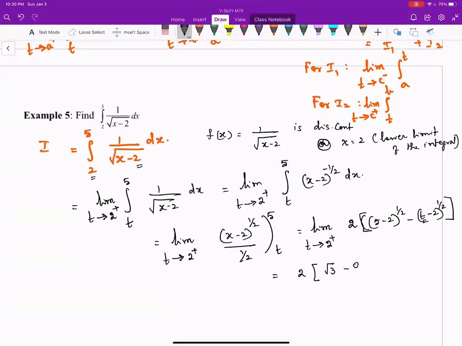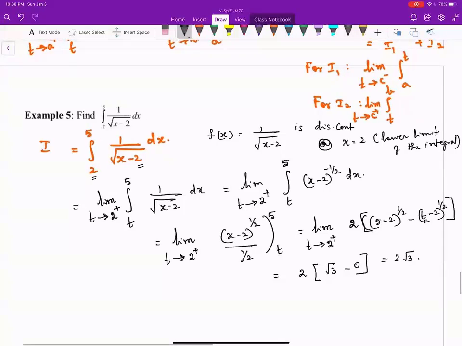This part will become 0. So the value is equal to 2 radical 3, which is finite. So this improper integral turns out to be a convergent improper integral. Hope this video helps.